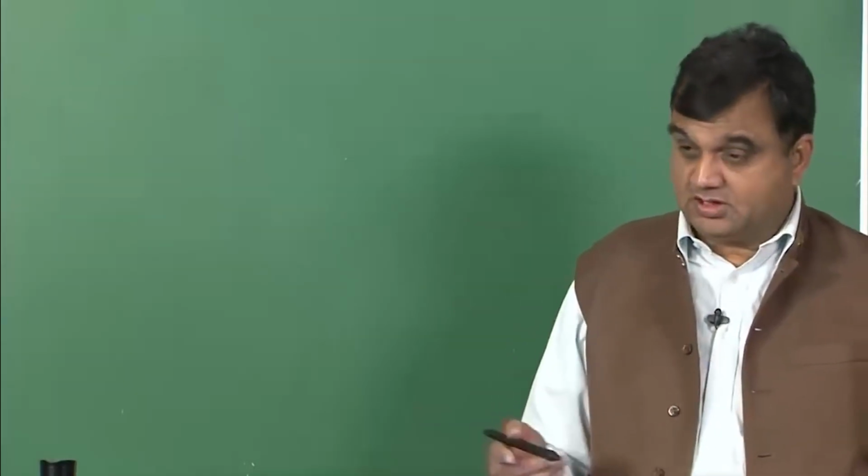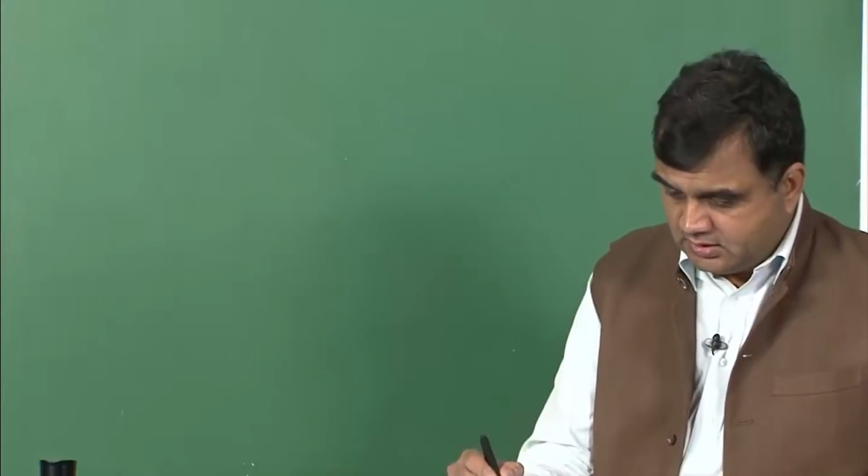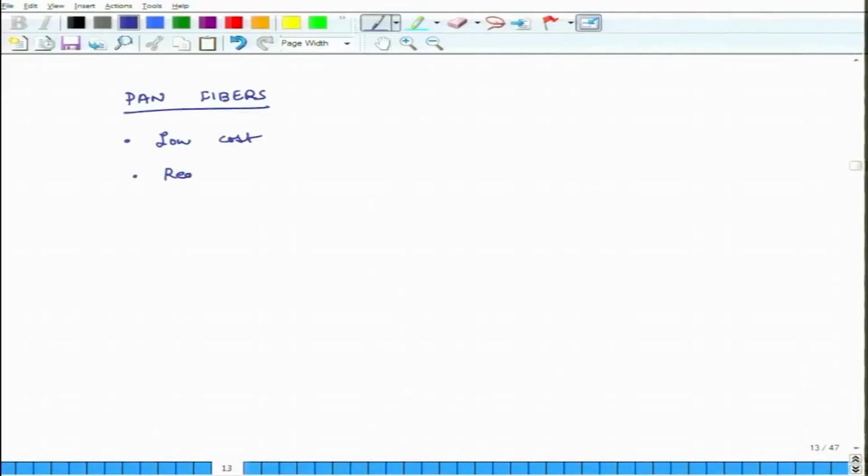Within graphite fibers itself, they are the least expensive, because production of graphite fibers is very expensive. You have to use so many steps, so much heat is needed, so all that is there. Reasonable mechanical properties.